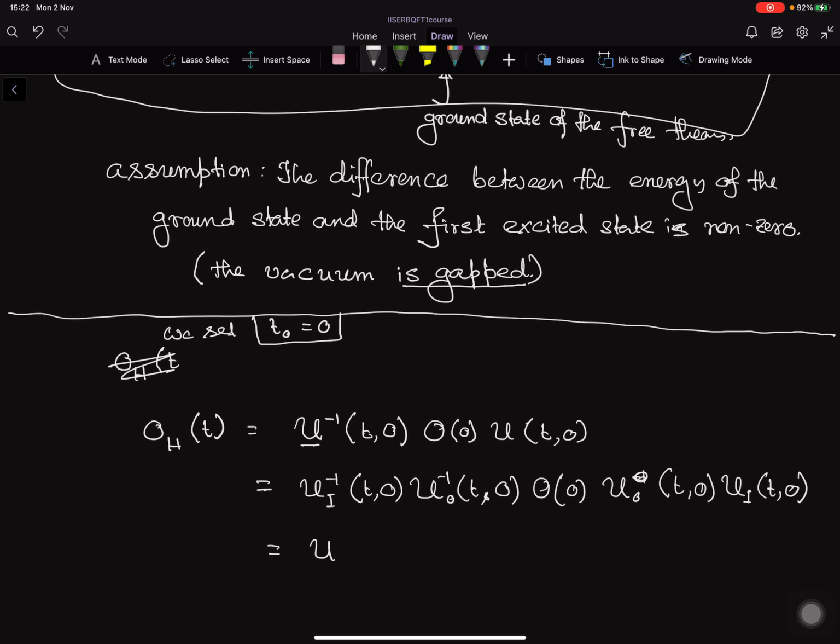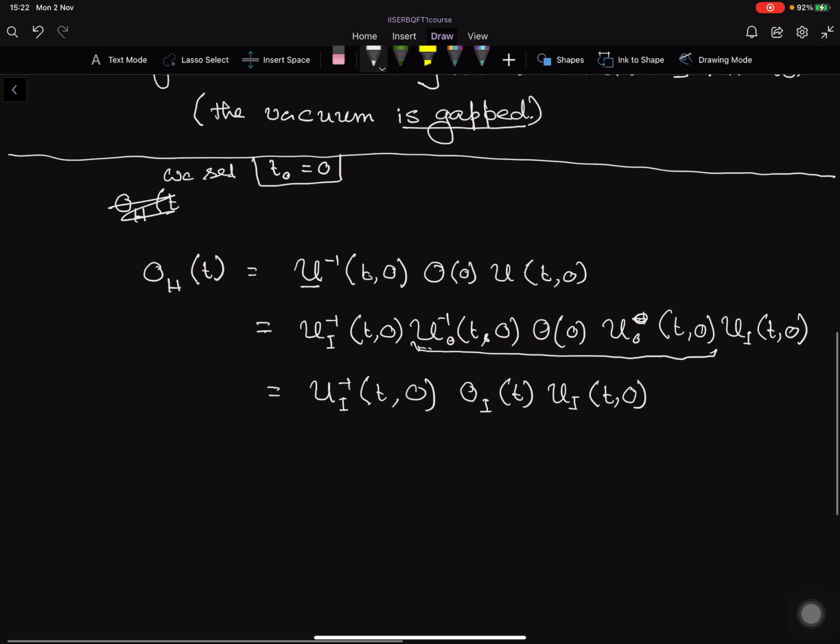And this quantity is again the interaction picture operator. This is the same as U_I inverse (t, 0) O_I (t) U_I (t, 0).